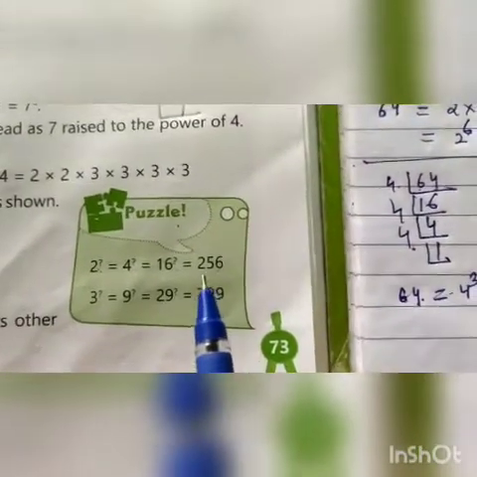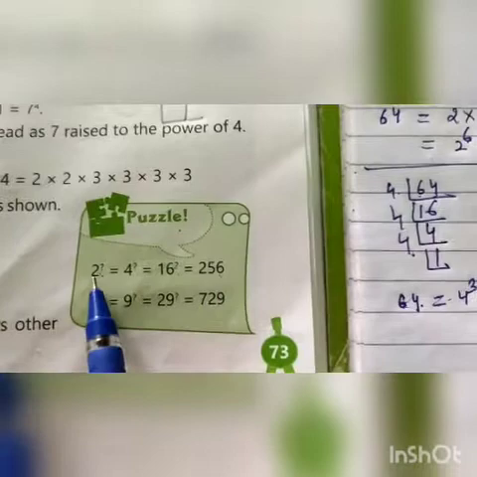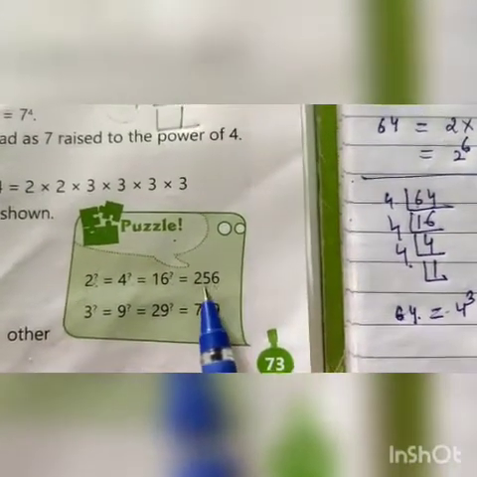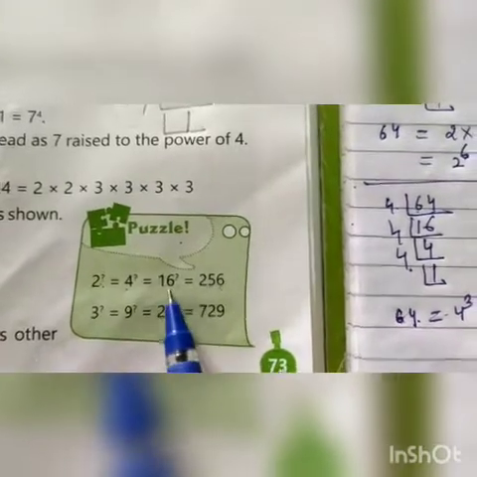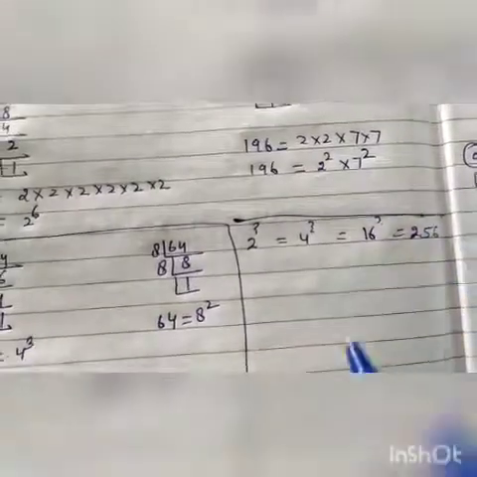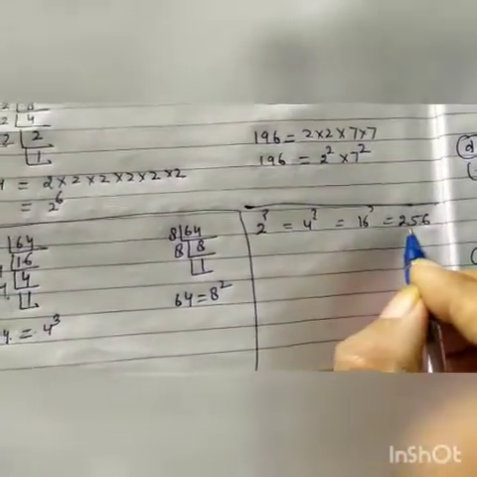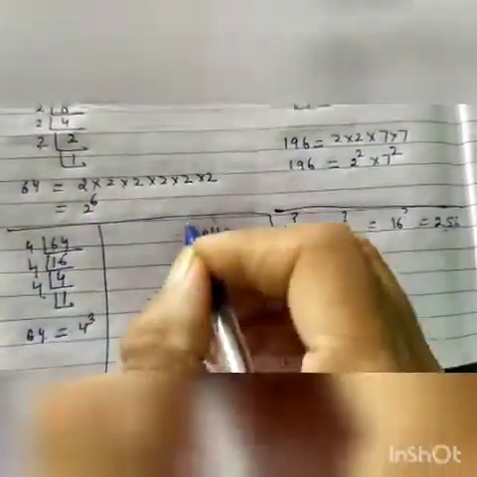First we will do prime factor of 256 starting with 2. Then prime factor of 256 starting with 4. Then starting with 16. See here, I have written this question. I am explaining 256.